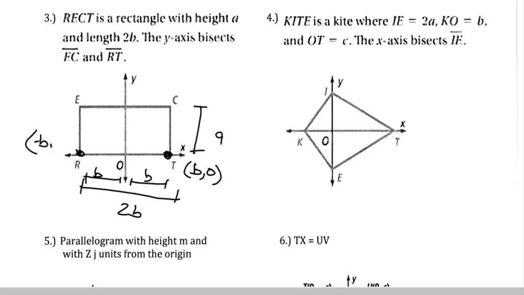Over by B, but into the negatives, and I didn't go up or down. So it'd be 0. What about this? Over by B, and it looks like up by A. Over by B and by A. And this one? Over by B in the other direction and up by A.